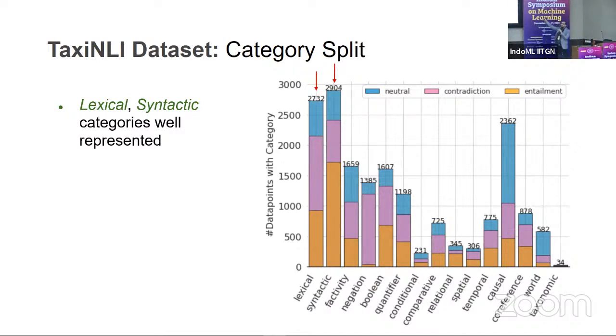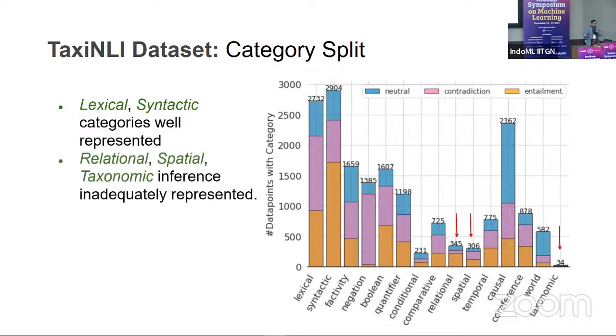Whereas the other categories like relational, spatial, taxonomic inferences are very inadequately represented. There are almost none in the comparative, spatial, temporal buckets. And there are very few on the taxonomic and world knowledge, actually.